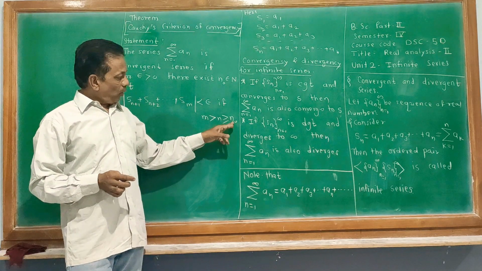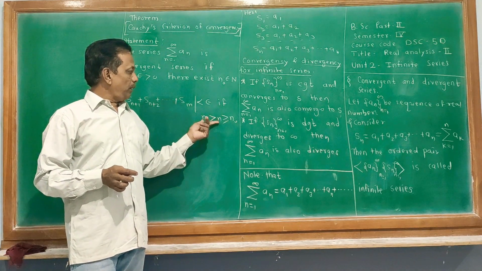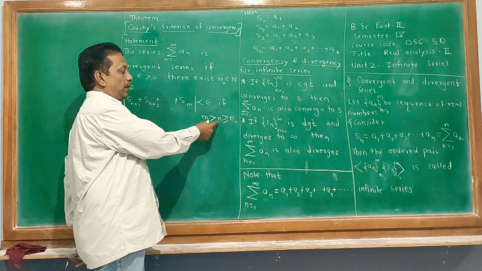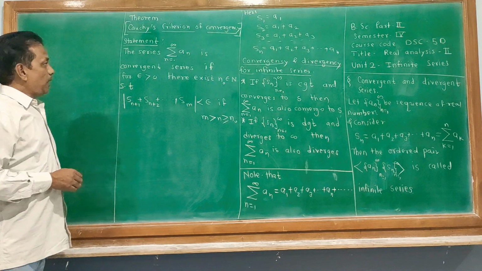That is, n0 is the smallest element and m and n are larger elements. And the relation between m and n is like this: m greater than n.